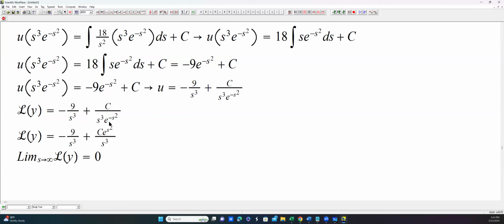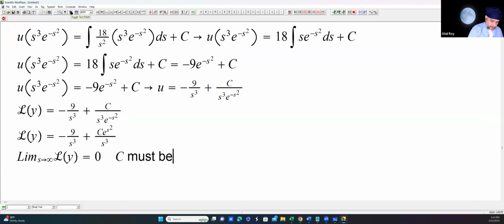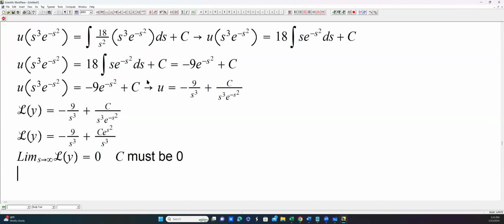Because e to the s square over s cube will just go to infinity, okay? Am I clear? So that's the only way. So c must be zero, right? No, Professor, why should it be zero?